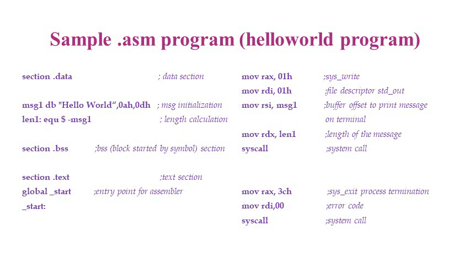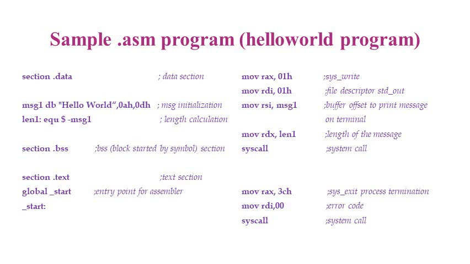Then in the RSI register we have to pass the buffer offset from which we want to print the message on the terminal, and in the RDX register we have to pass the length of the message that we have calculated, and then we have to call syscall. Now this is the instruction which tells the kernel which operation needs to be performed. So compulsorily you have to write this syscall after using any function.